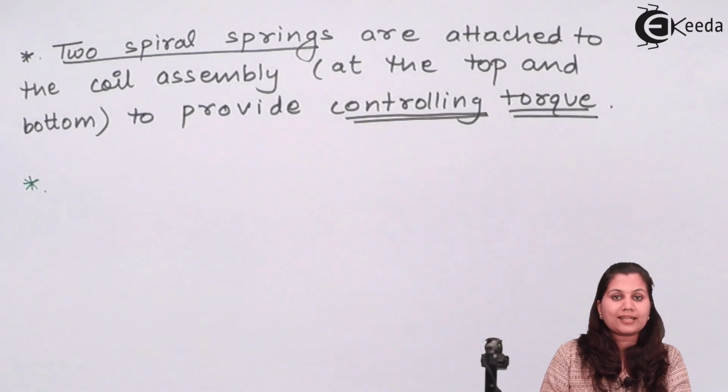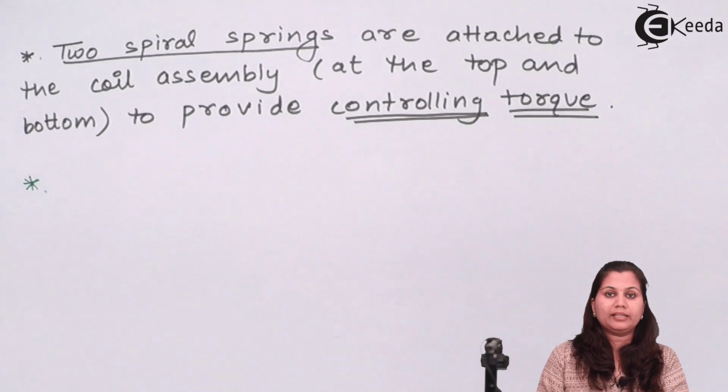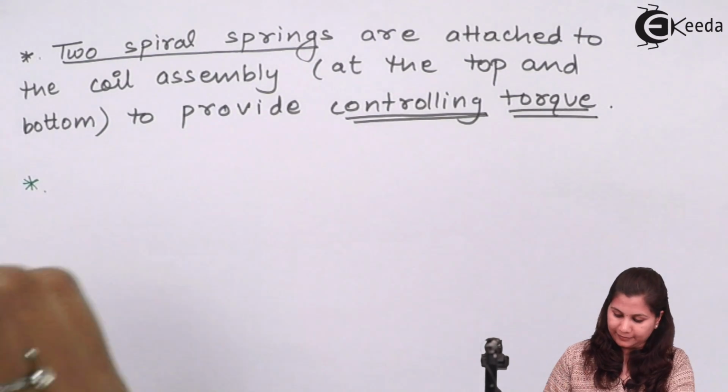Now let's see how this analog multimeter measures voltage, current and resistance. As I have said, it is basically a permanent magnet moving coil galvanometer. So this galvanometer will be converted into a voltmeter, ammeter and ohm meter for the measurement of voltage, current and resistance.